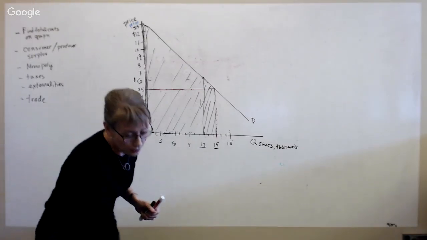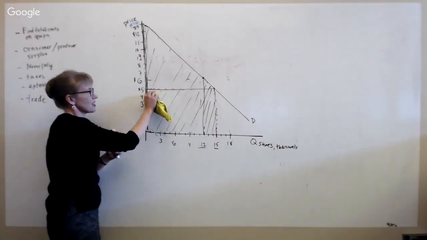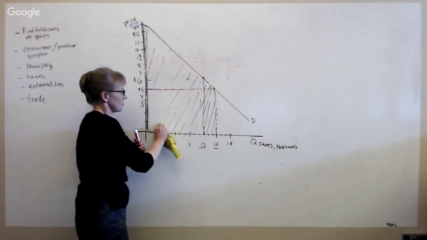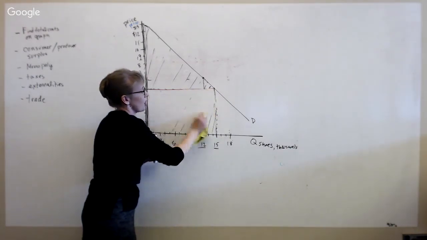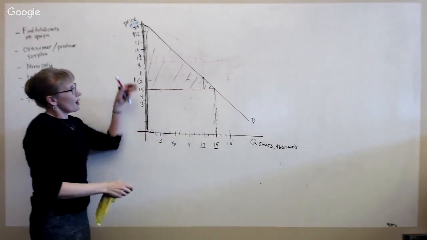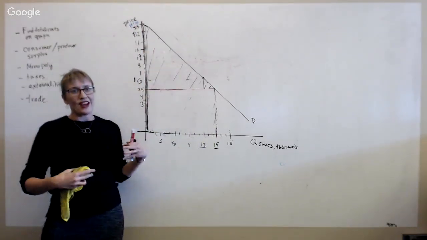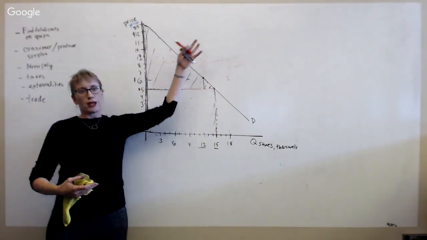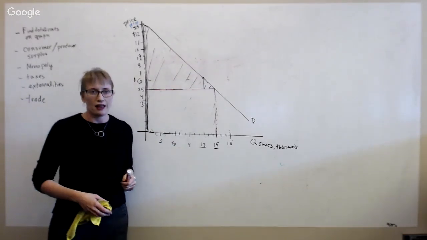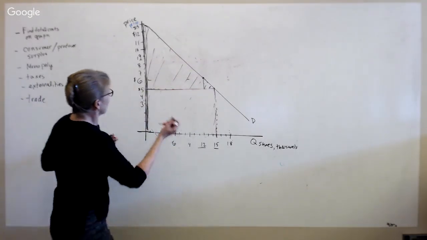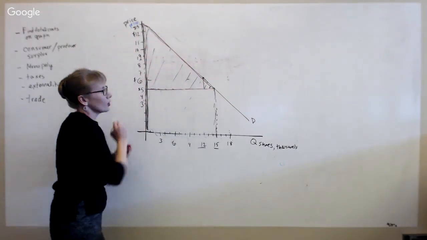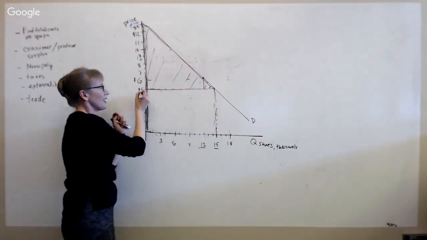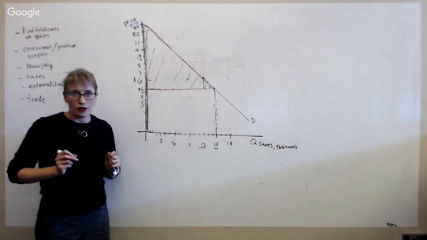This is the amount that they pay. And the amount of surplus is the value they get above and beyond the amount that they have to pay. So this area right here, this is consumer surplus if the price is $5.